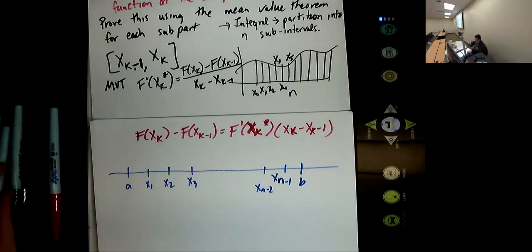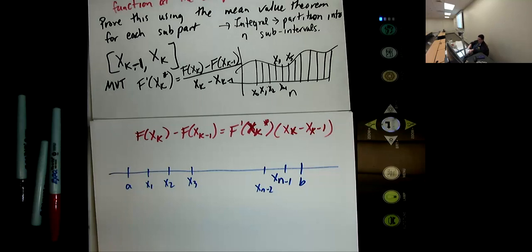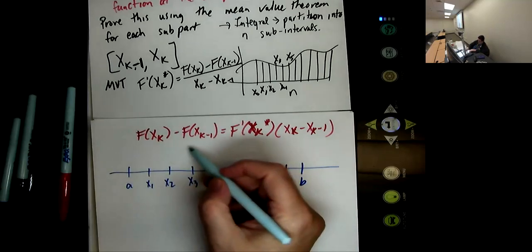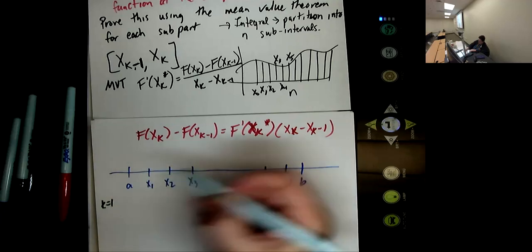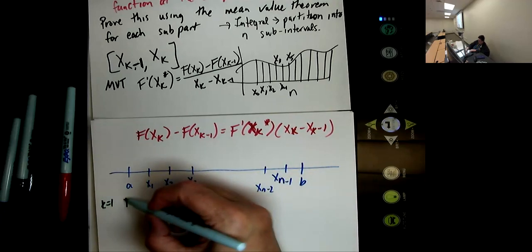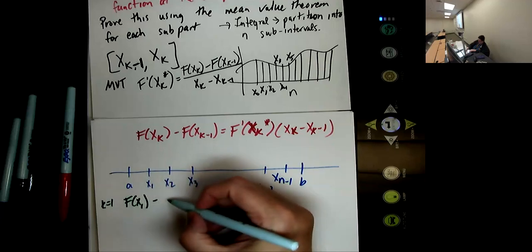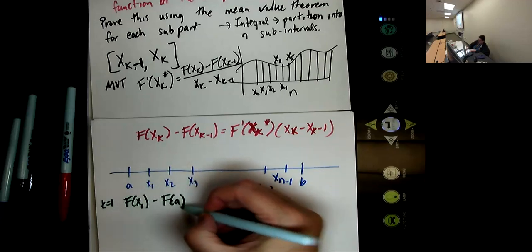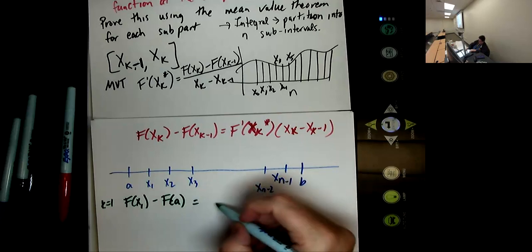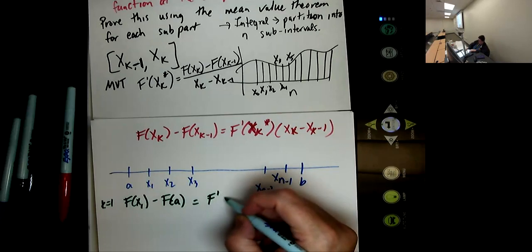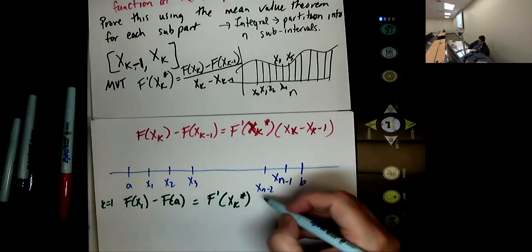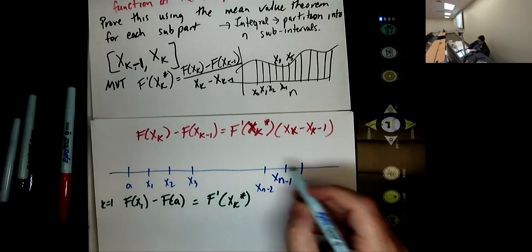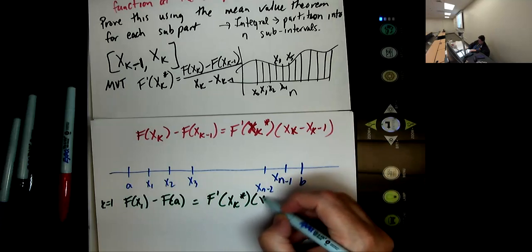Well, our first one, I'm doing k equals 1. I have f of x sub 1 minus f of a equals f prime of x sub k star in there times x sub 1 minus a.